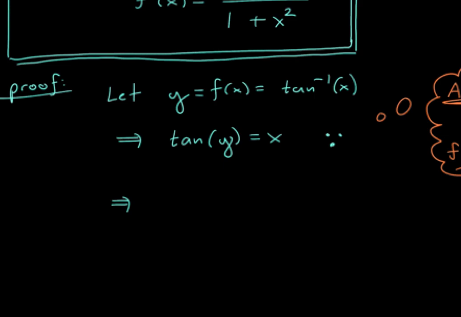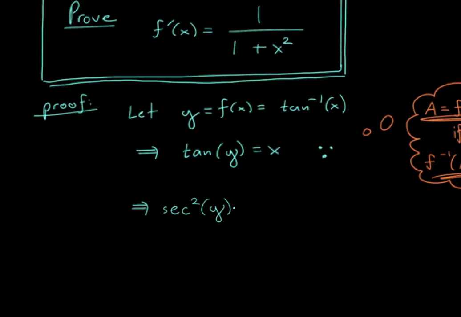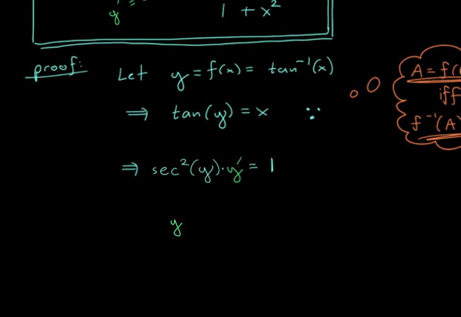Taking the derivative of the outside function here, the outside function being tangent, that's secant squared of y, so of the inside function, but then I have to multiply by the derivative of that inside function. And guess what? This is y prime. So that is what we're going to end up solving for. And taking the derivative of x with respect to x, that's going to be 1. So indeed, y prime is equal to 1 divided by secant squared of y.